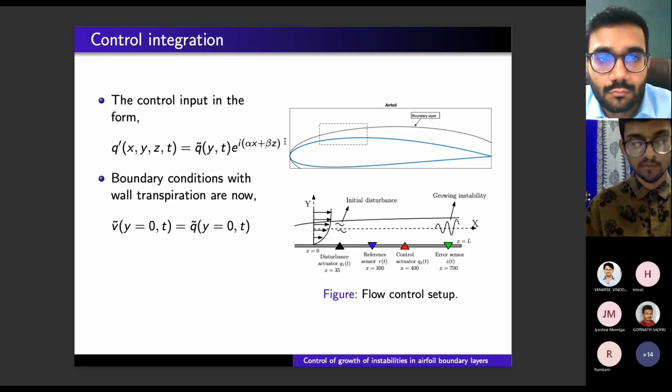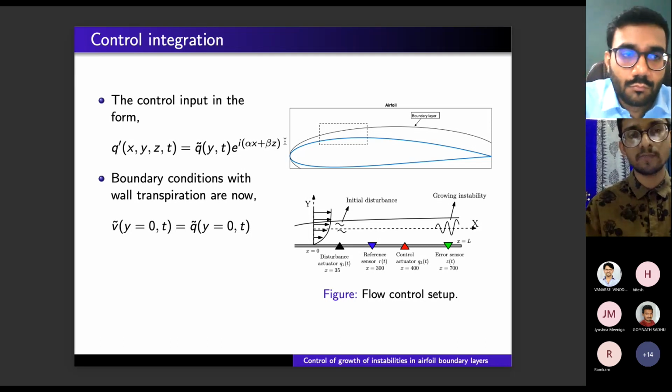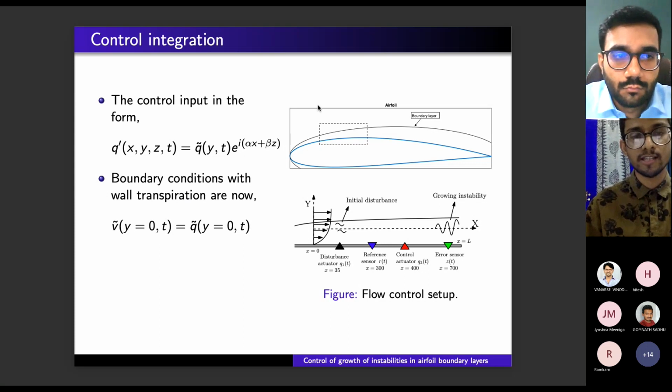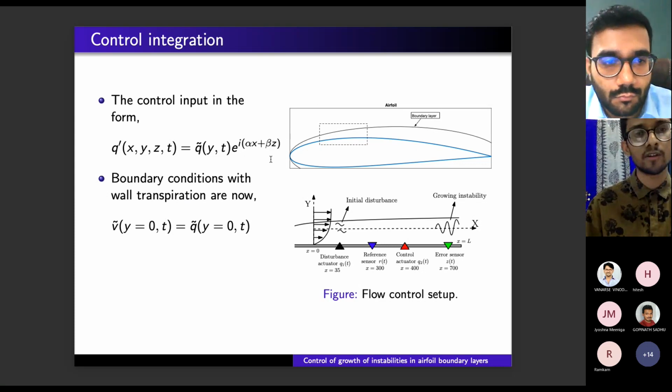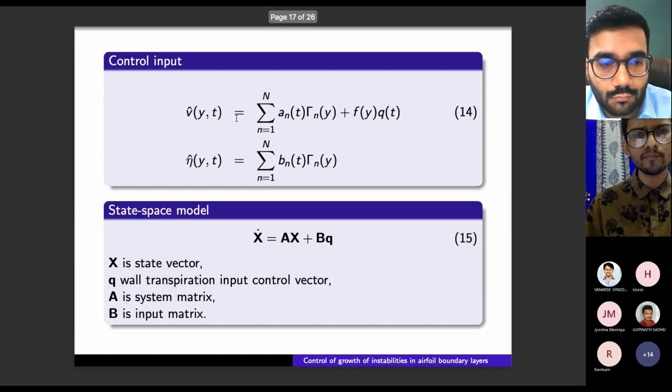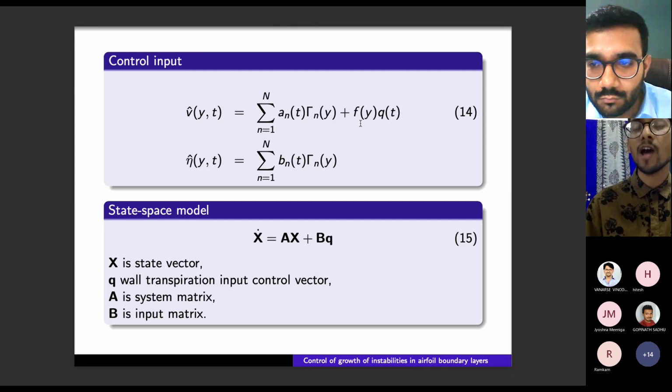We could also look at the tangential velocity, but here, for the sake of ease, we are looking at the addition of control in the form of perturbation velocity. So the normal perturbation velocity v tilde now has an addition, the control term, and eta, the normal vorticity, remains as before.